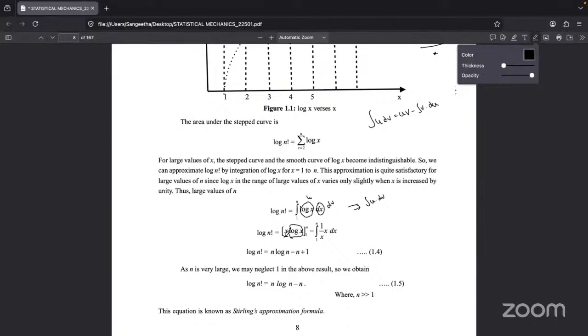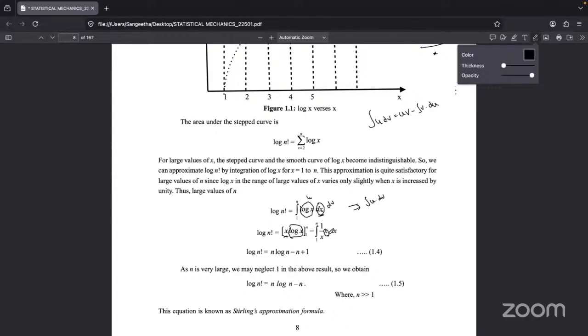So the uv term is written, minus the second term, integral of v du. Here v is x.